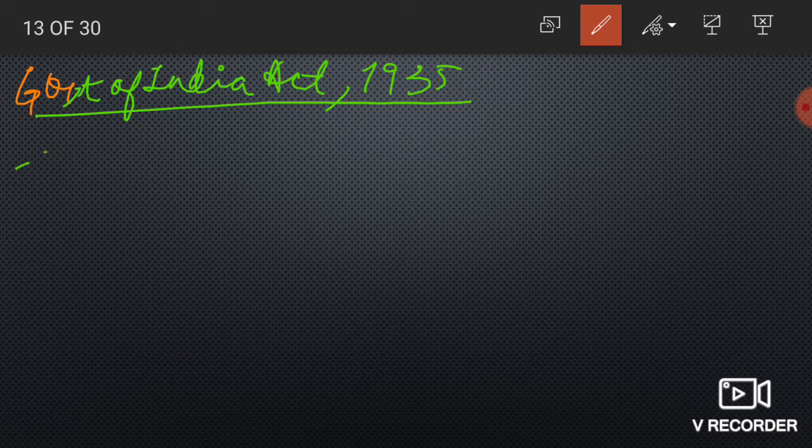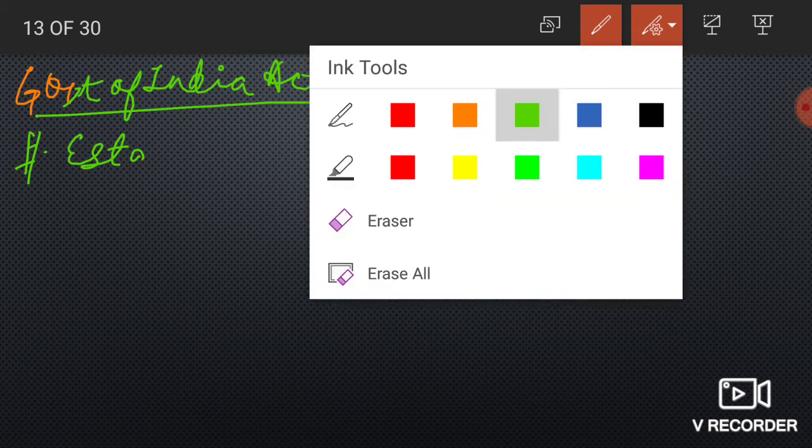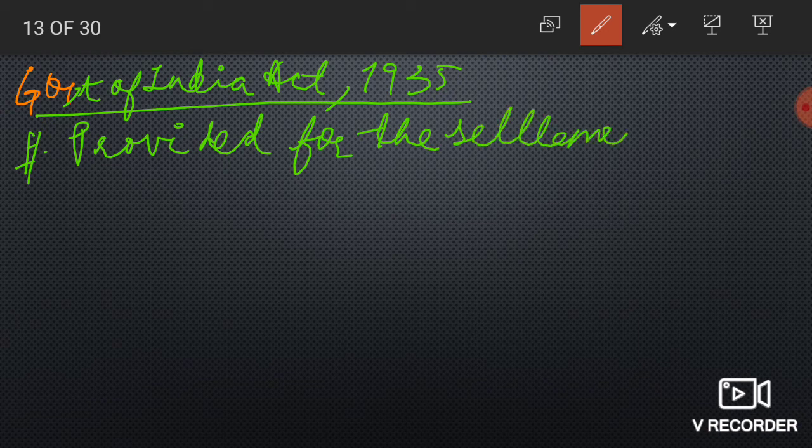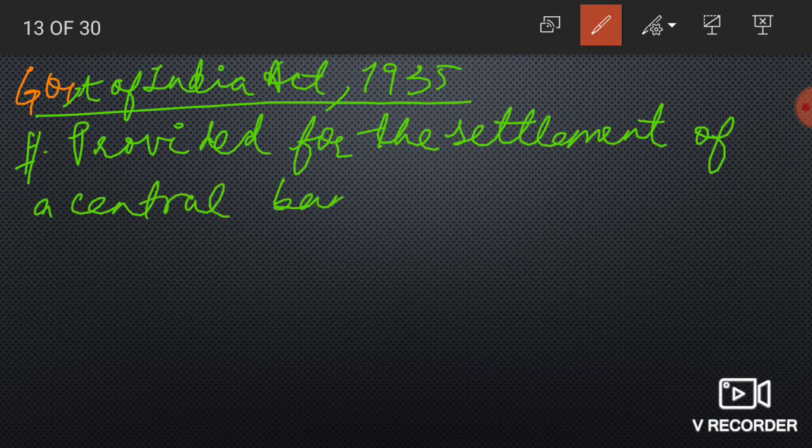This was the act that provided for the establishment of a central bank, that will be known as the Reserve Bank of India.